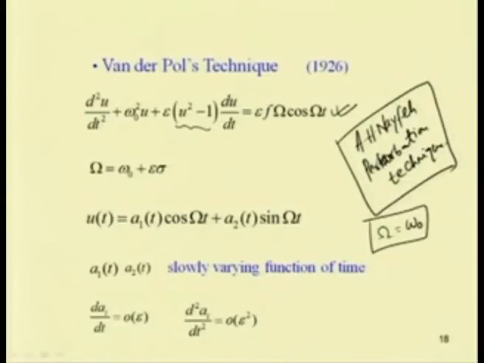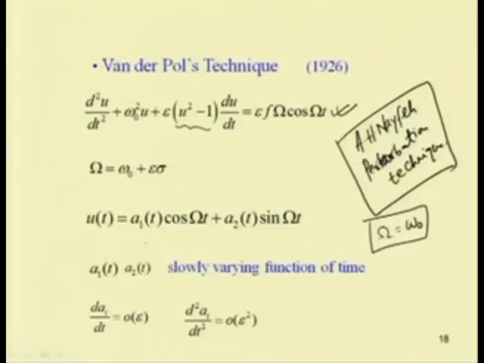But if we take a non-zero but very small value of epsilon, this solution form is still valid, but in this case a1 and a2 can be considered as functions of time.